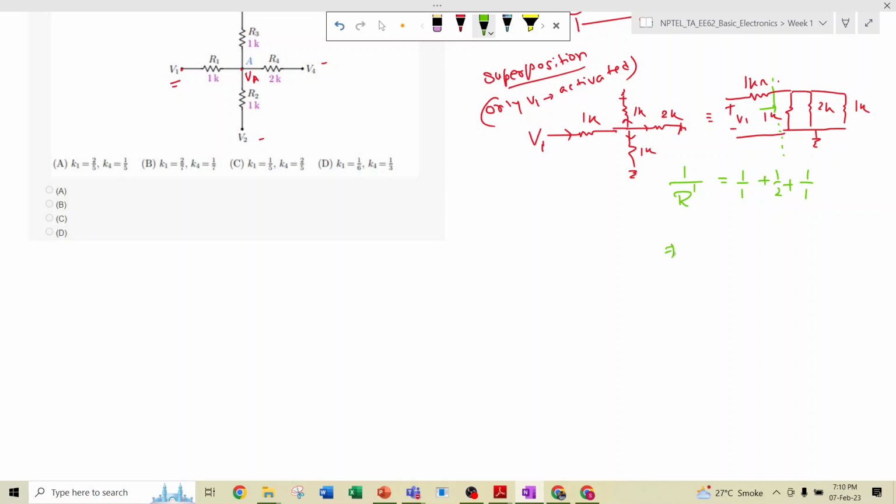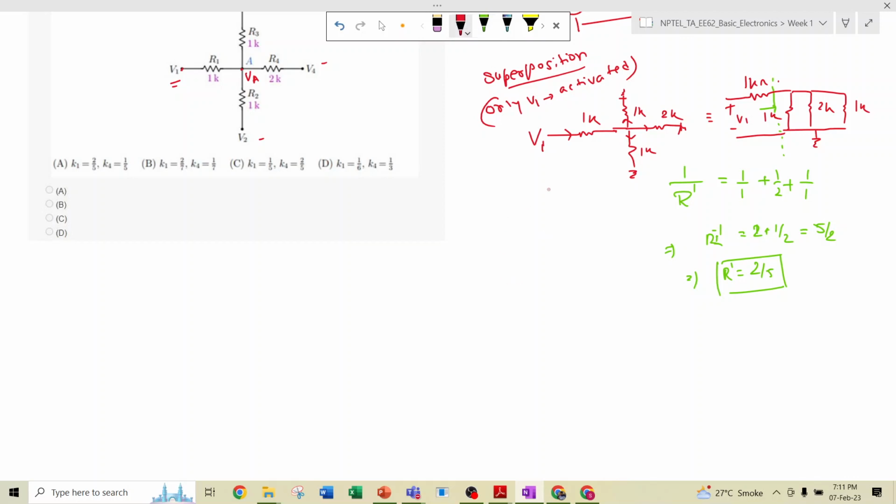So it will be 2 plus 1 by 2, that is nothing but R dash inverse. So it will be 5 by 2. So R dash will be 2 by 5.